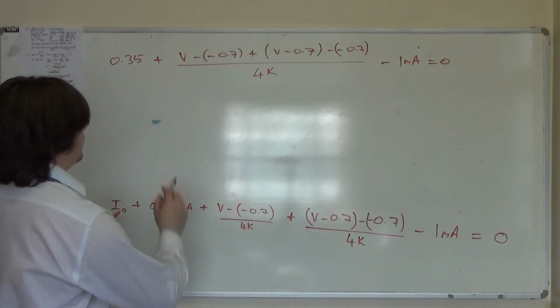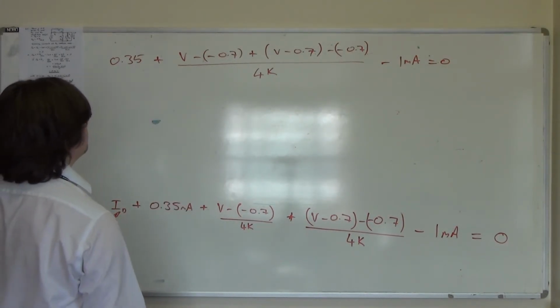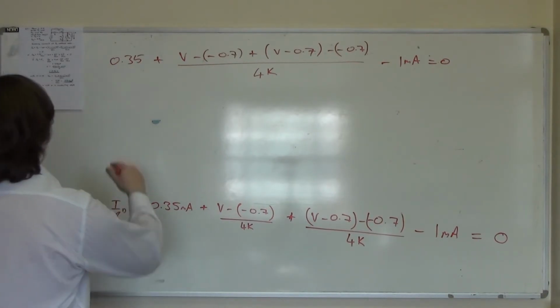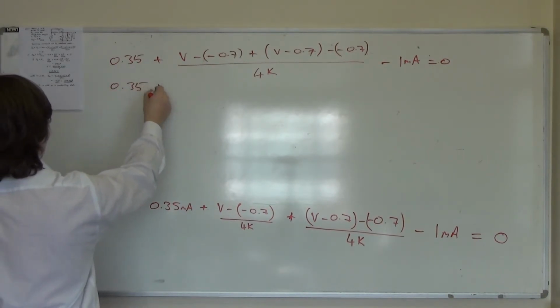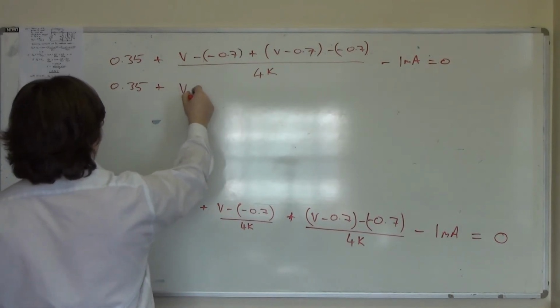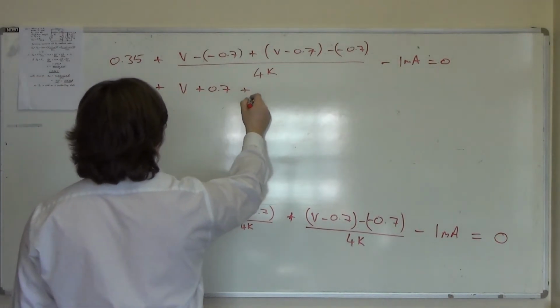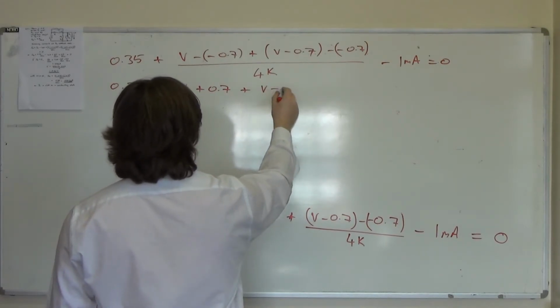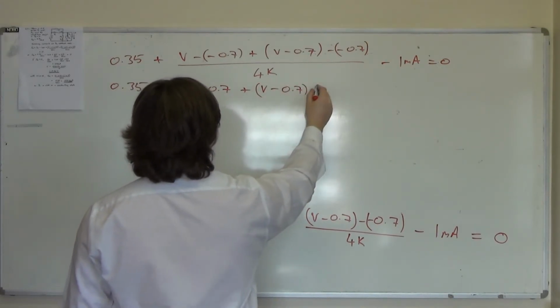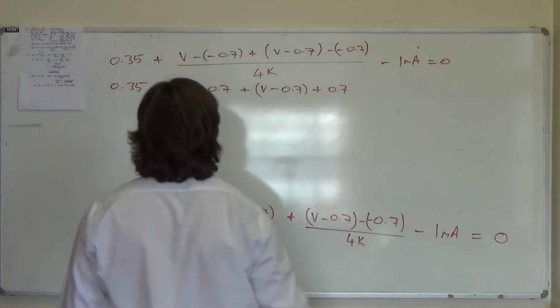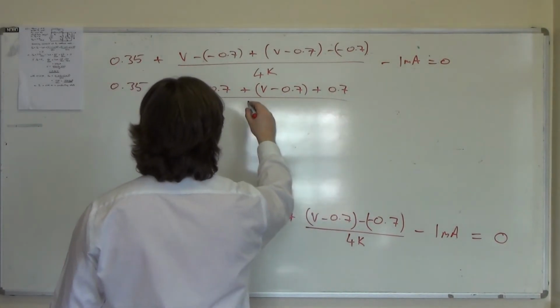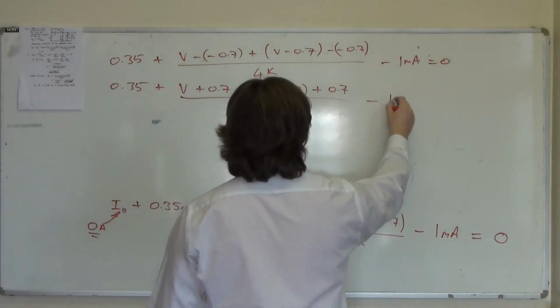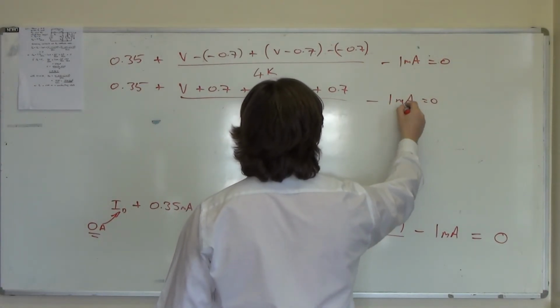The thing that could really catch you out here is all the minus signs and so forth. So we've got 0.35 plus V plus 0.7 plus V minus 0.7 plus 0.7 all over 4K, minus a milliamp, 0.